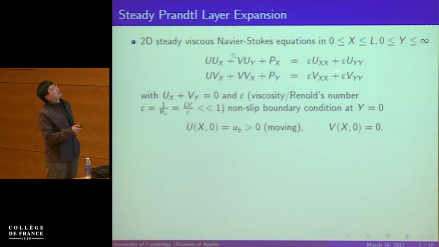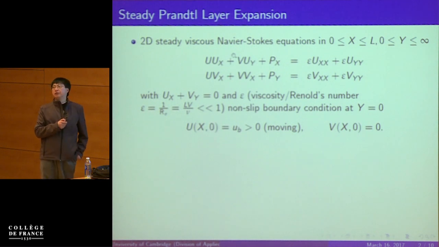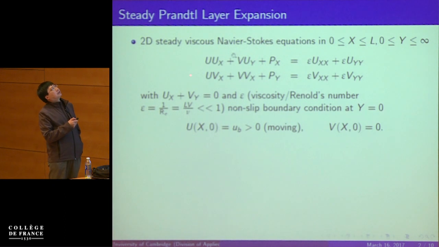So this equation is a 2-dimensional steady equation. Steady means there's no time. So this is the setup. We start with a steady flow, a 2D steady real flow. And in order to solve this, usually people have the incompressibility condition. So the divergence of the velocity field is 0.